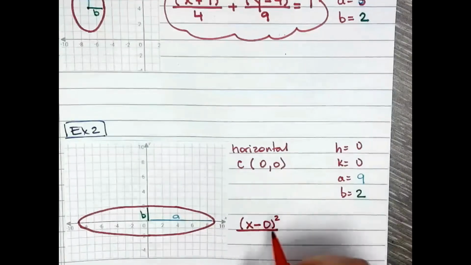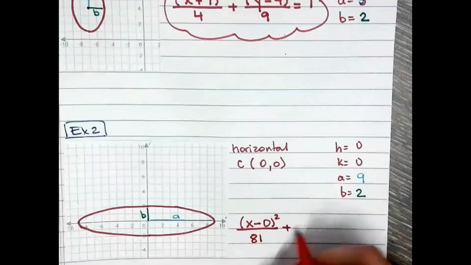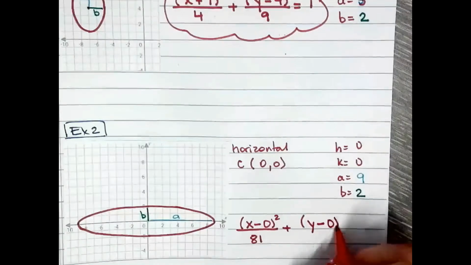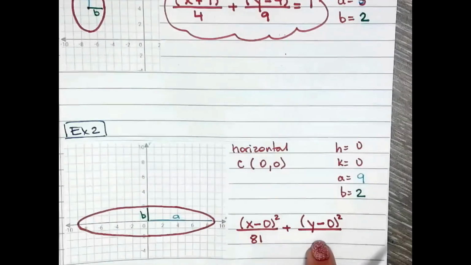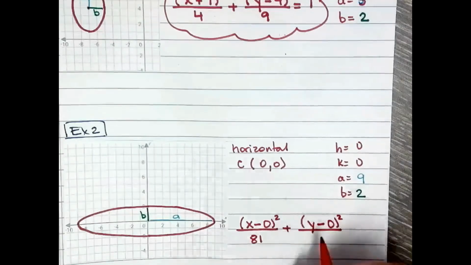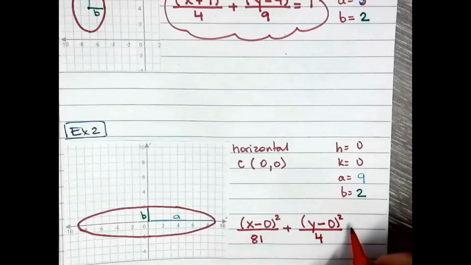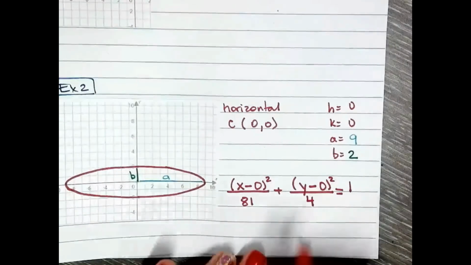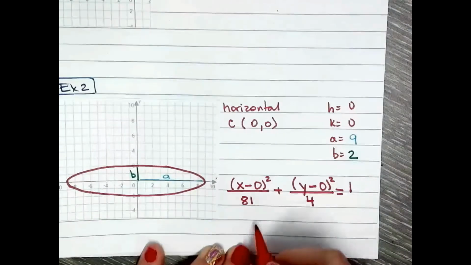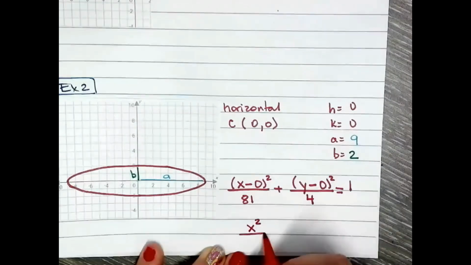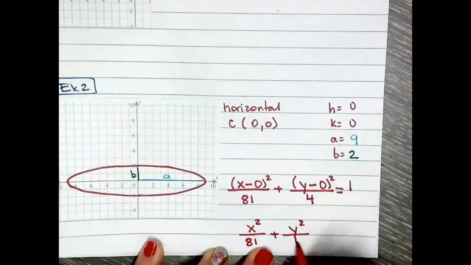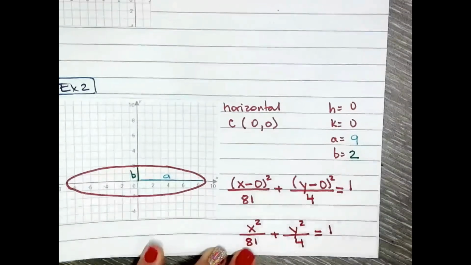A is 9, square it, 81, plus Y minus K, K is 0, squared over B squared, B is 2, B squared is 4, equals 1. But it doesn't look pretty. You have to clean that up. So X squared over 81 plus Y squared over 4 equals 1.